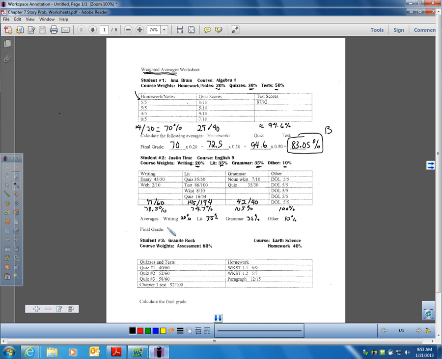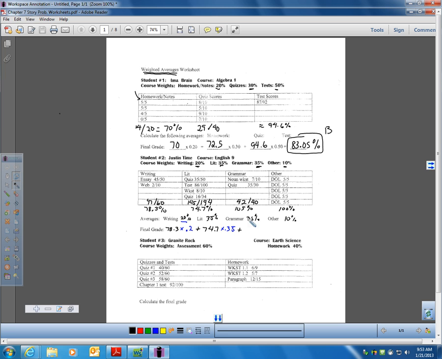Okay, now let's get their final grade. I got to take 78.3, which is their writing average, but I got to multiply it by the 20%, because remember, that grade is weighted by 20%, so I'm going to multiply it by 0.2. Plus, I got to take the 74.7 that they had in literature, and multiply that by 0.35, because that's 35% of the grade.